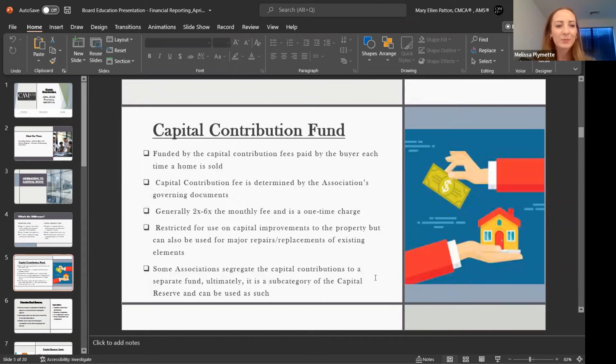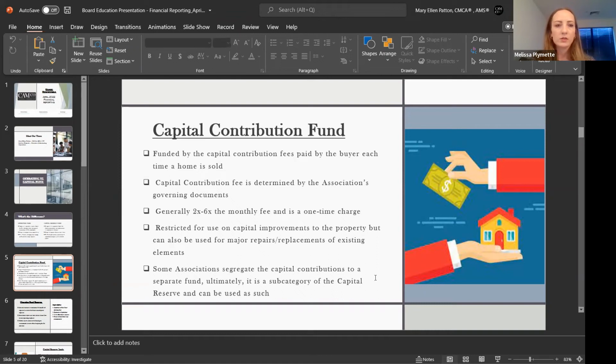So before I go a little bit more in depth on operating and capital, I do want to just mention the capital contribution fund, which many associations, you might also recognize this as its own segregated account. So capital contributions, just about every association charges a capital contribution fee, which essentially is a fee that homeowners pay when they join the community, when they purchase a home.